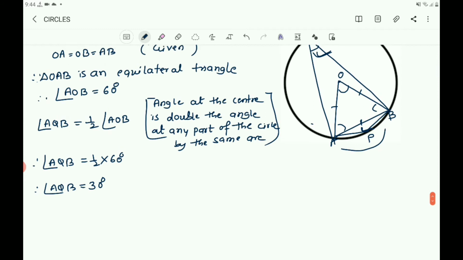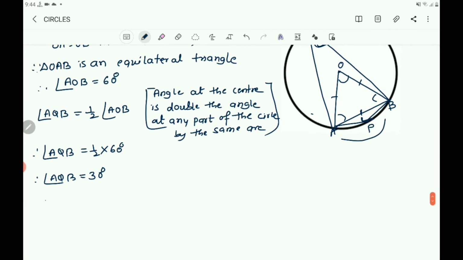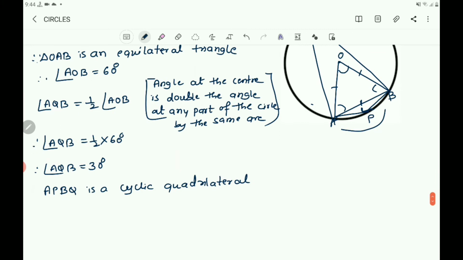So you take APBQ, which is a cyclic quadrilateral.